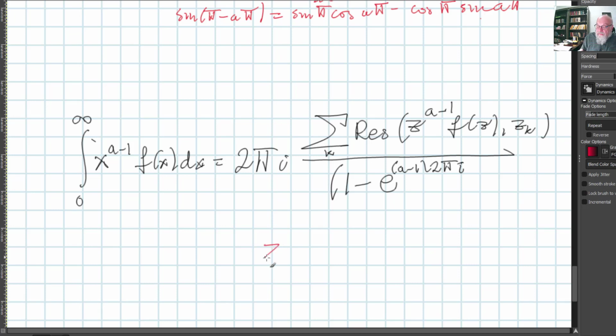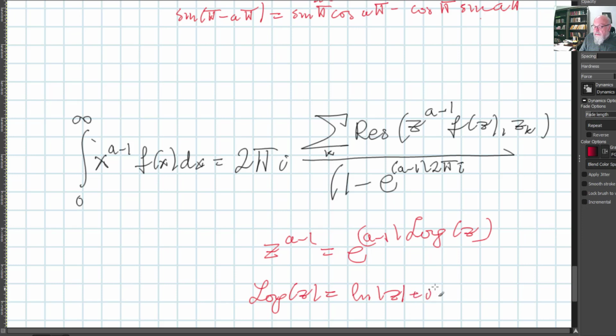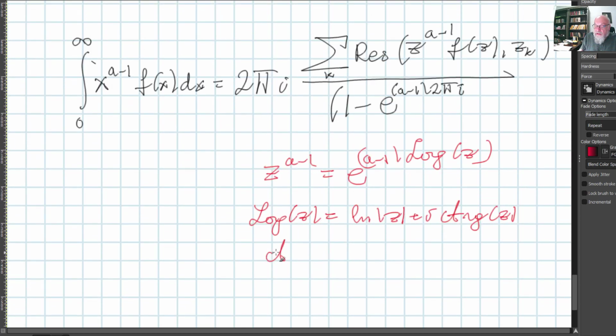And remember one thing, that z to the a minus 1 is equal to e to the a minus 1 times the logarithm of z, where the logarithm is the branch with the argument of z chosen such that it starts at 0 and goes to 2 pi, but we understand that we can always include the endpoint after going to the limit from that side, 2 pi.